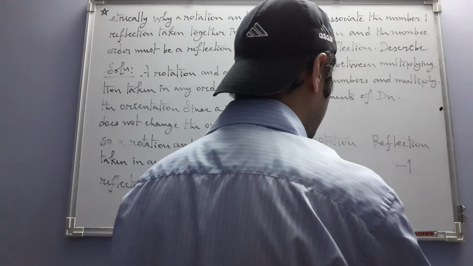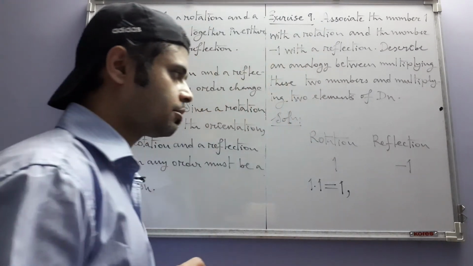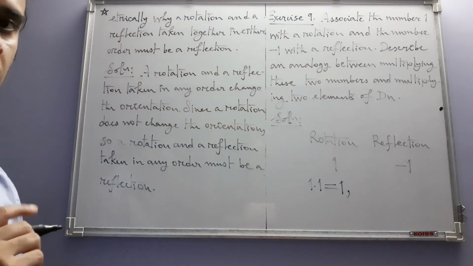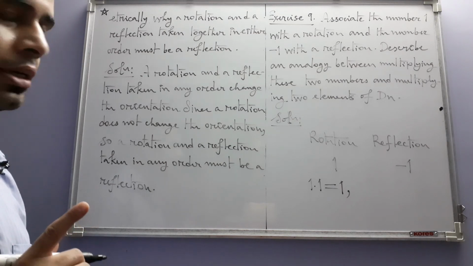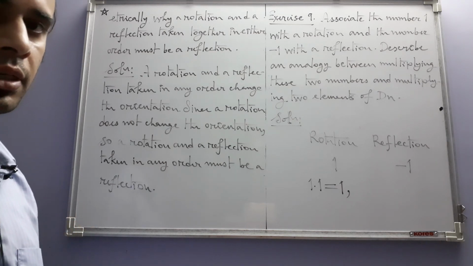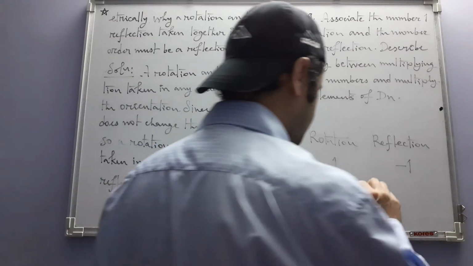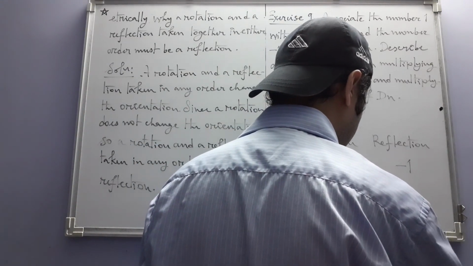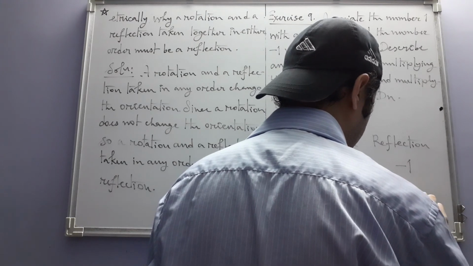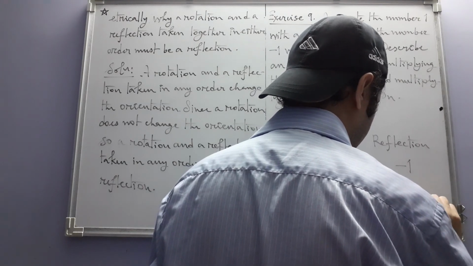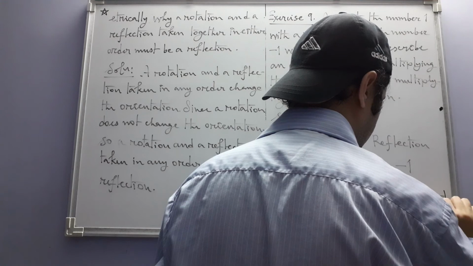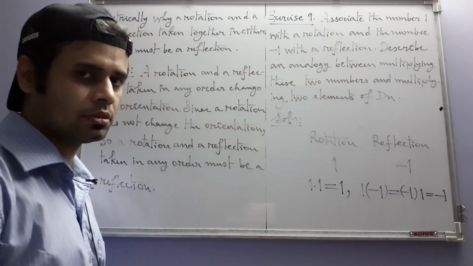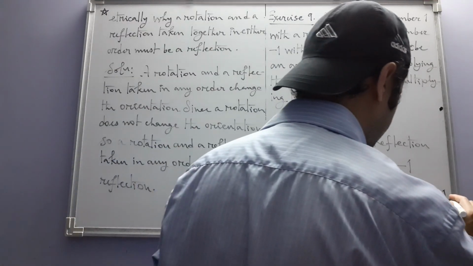If we perform a rotation followed by a reflection, or a reflection followed by a rotation, then the result is a reflection. So that is like multiplying 1 with -1 or -1 with 1 in any order and getting -1 as the result.